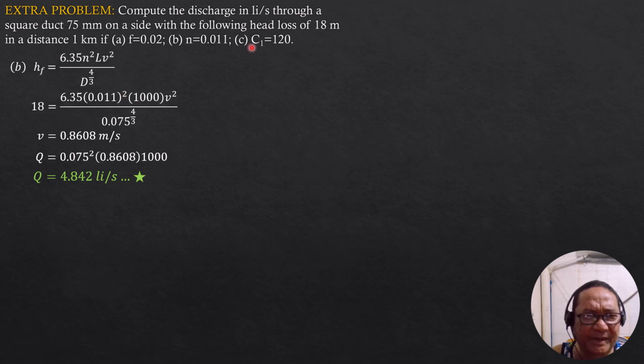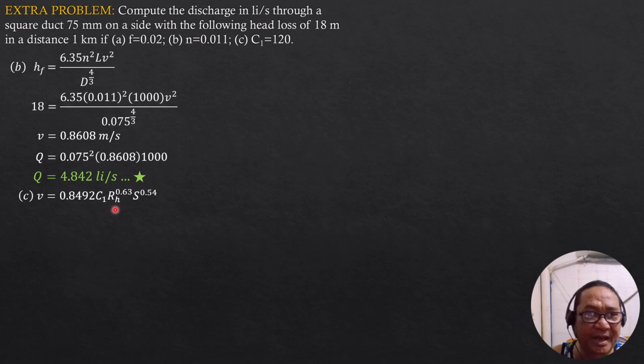Then finally, for part C, Hazen-Williams. So we first use v equals 0.8492 times hydraulic radius raised to 0.63 times slope to the 0.54, then multiply that by area. Although there is a direct formula for discharge, which is 0.2785 C1 times diameter to the 2.63 times slope to the 0.54, we cannot use it.